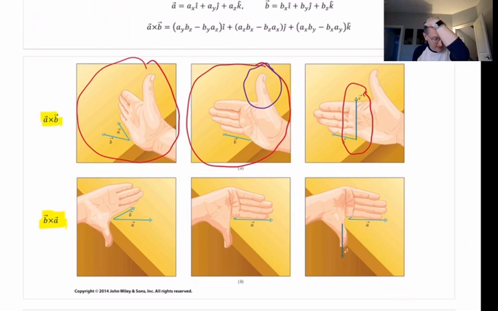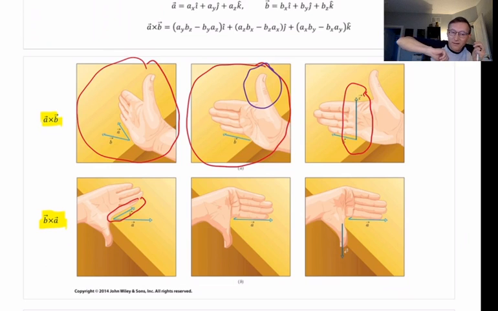All right, now to get started, you take your right hand with the thumb extended like you're going to hitchhike. Point the fingers of your right hand along the first vector. Remember, I'm doing B cross A, so the first vector is B, but have your palm facing the second one, A. See how they have to draw it? The right hand?